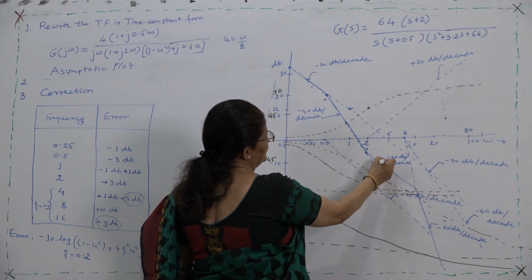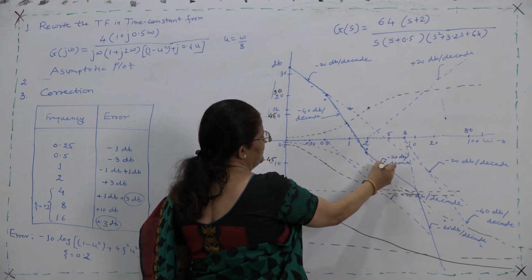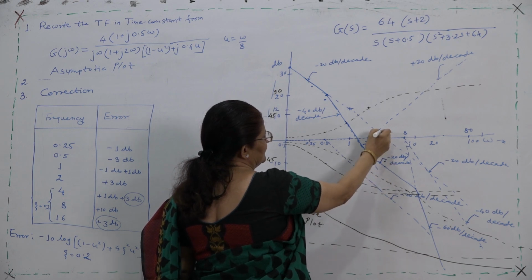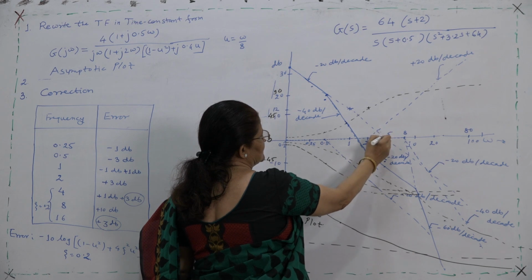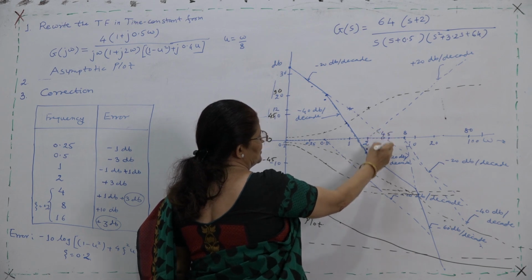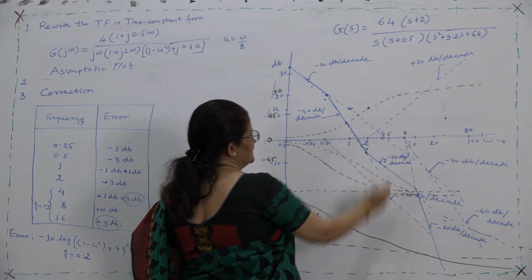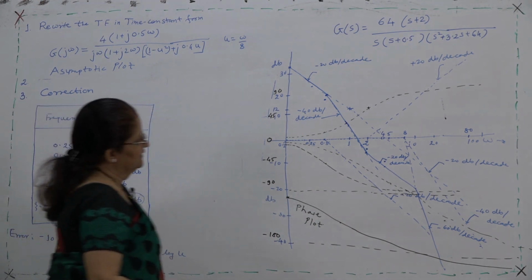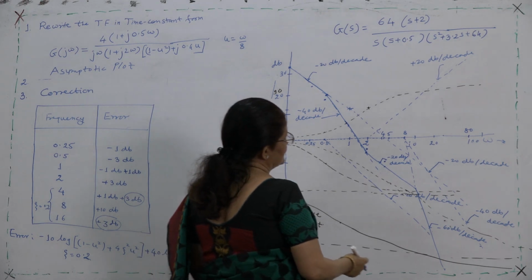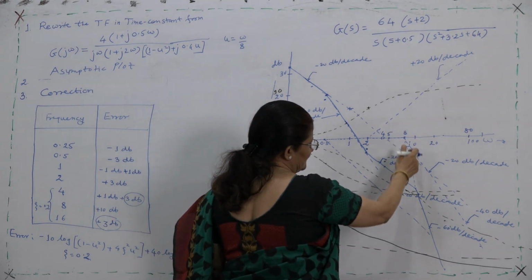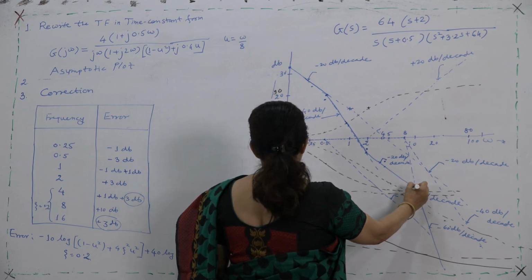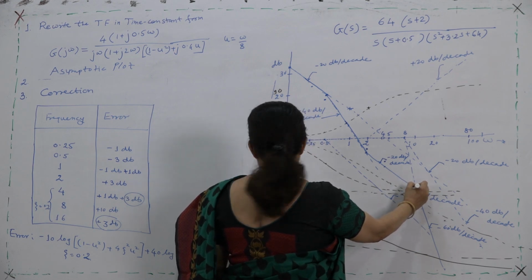At 4 you will get somewhere here, 4 dB. So, this is the actual value, this is corrected. Then at 8 it is plus 10 dB. So, at 8 whatever value you are getting, plus 10.